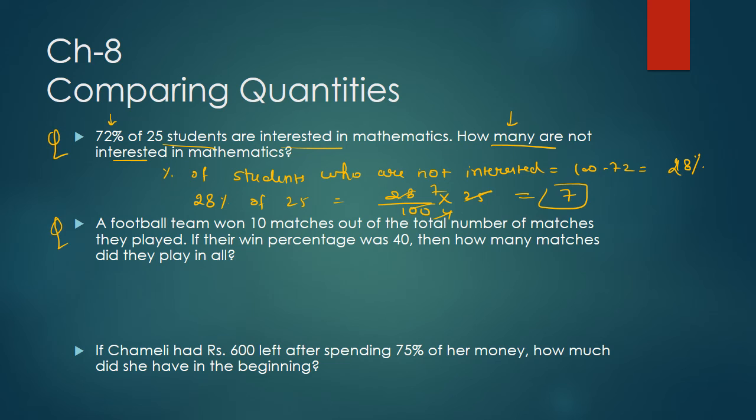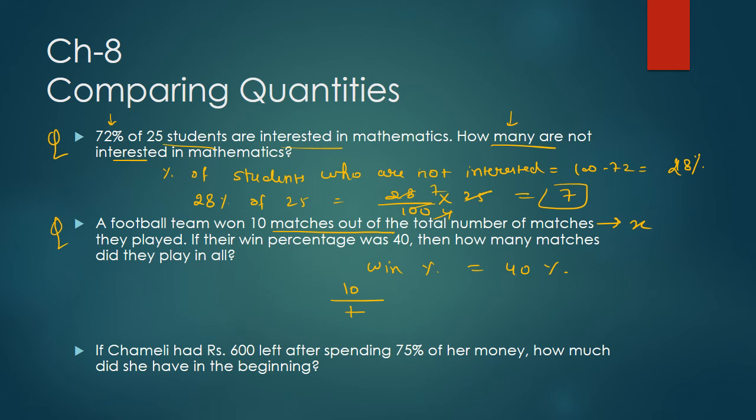Next, a football team won 10 matches out of the total number of matches. We don't know how many matches they played in all, so let's say X. So 10 matches they won, and the win percentage is 40%. But how do we calculate win percentage? The matches they won out of the total, correct?